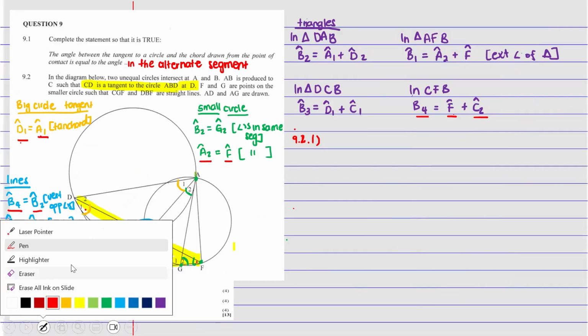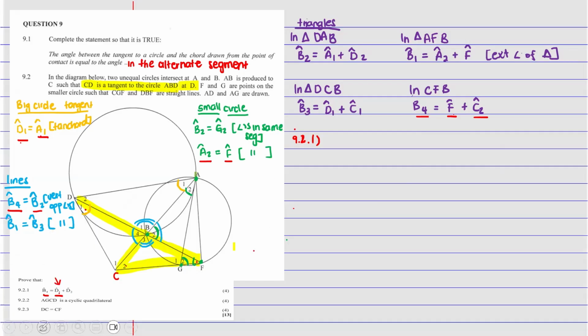Okay, it's fine. So with last week's question, we filled in the entire diagram, right?